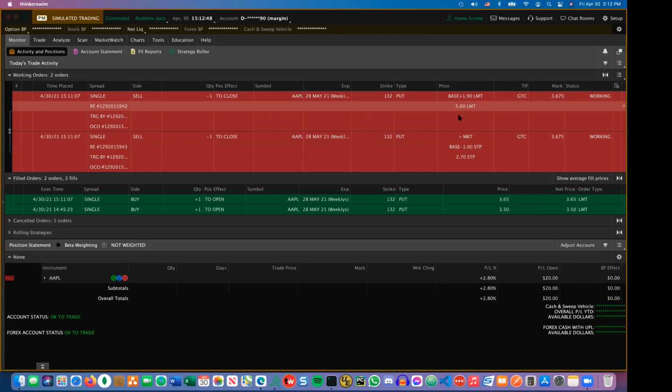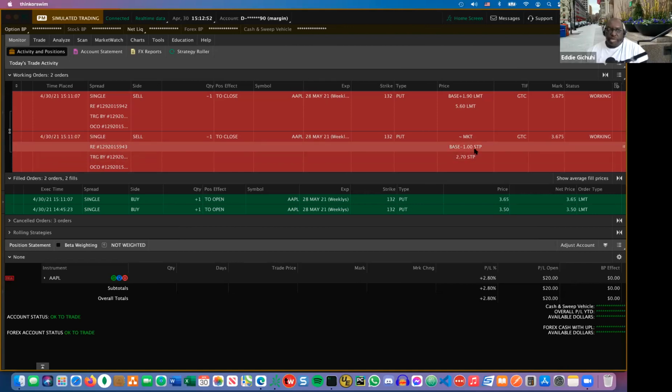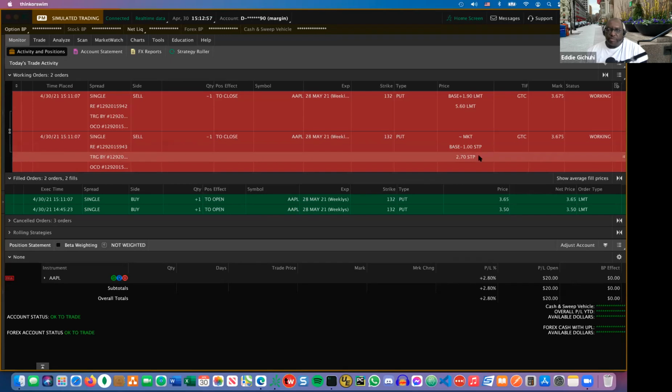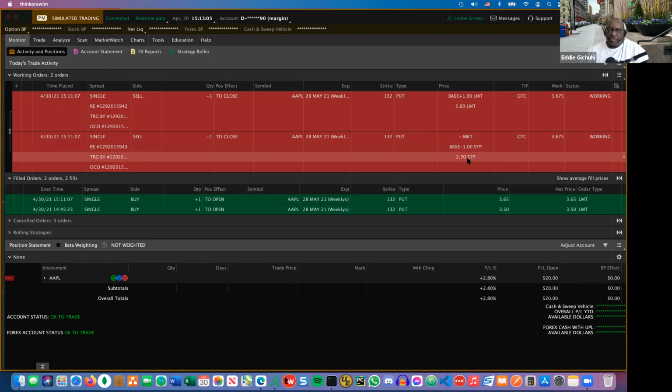And then the third one is my risk management order, which says that if this trade goes against me, and I told it that, whatever the base was, I don't want to lose more than $1, so 370. If it goes down by $1, please take me out. That's just what that is.